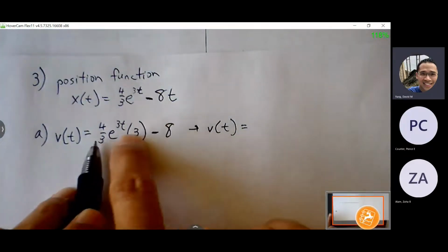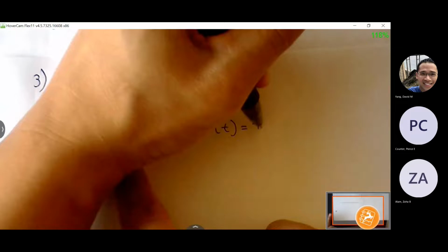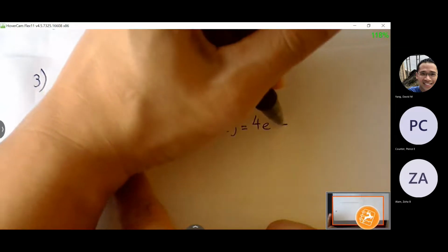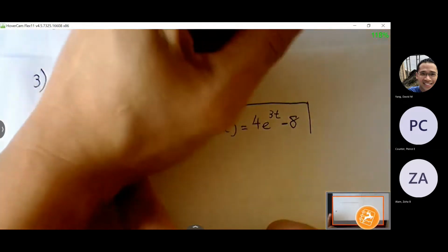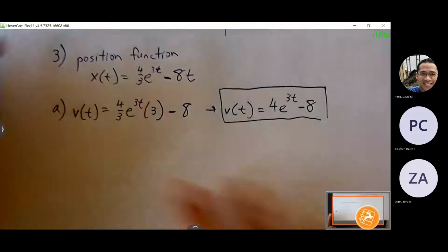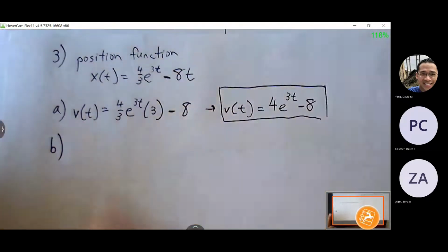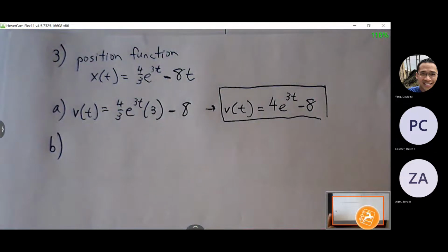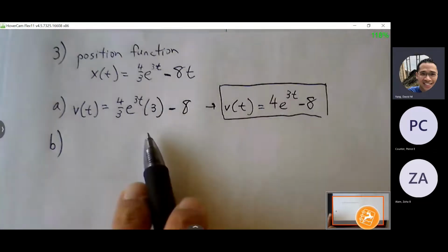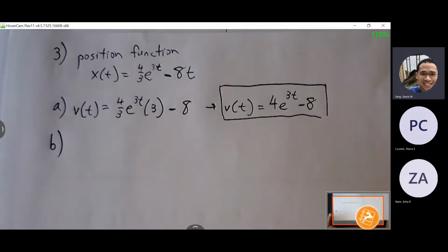The 3 in the numerator and denominator will go away. So we have the rule for e to the u.